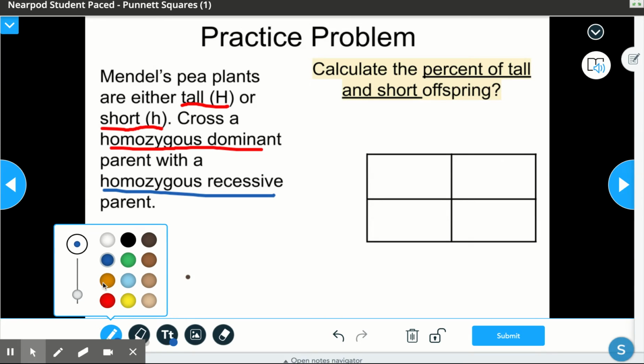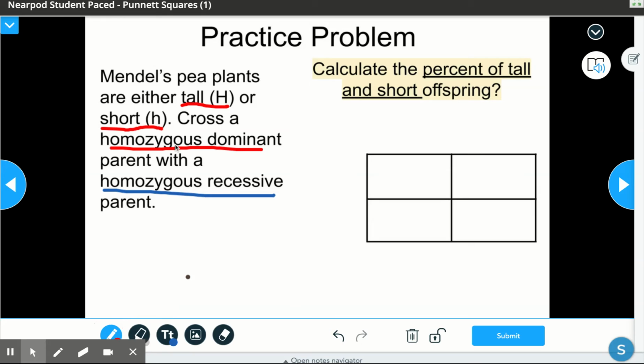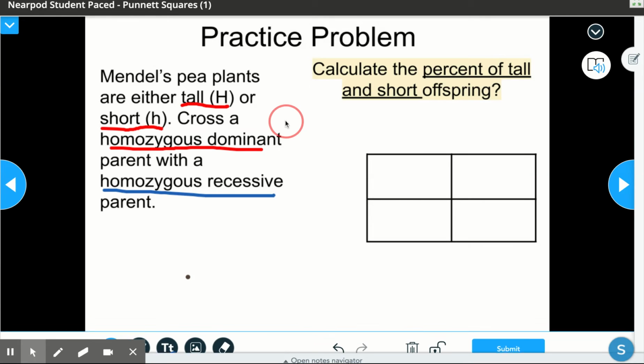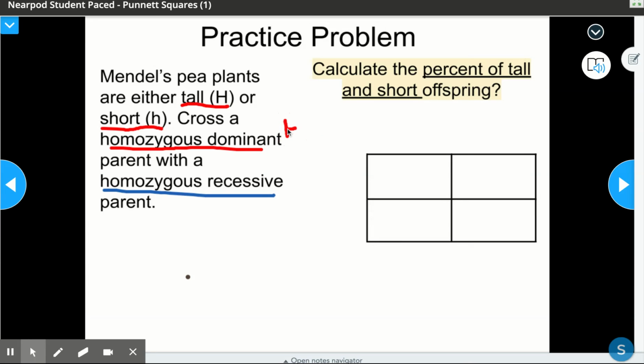Parent number one is homozygous dominant. Homozygous, homo meaning two of the same, and in this case, it's two of the same dominant alleles. So I know parent number one must be two uppercase H's.